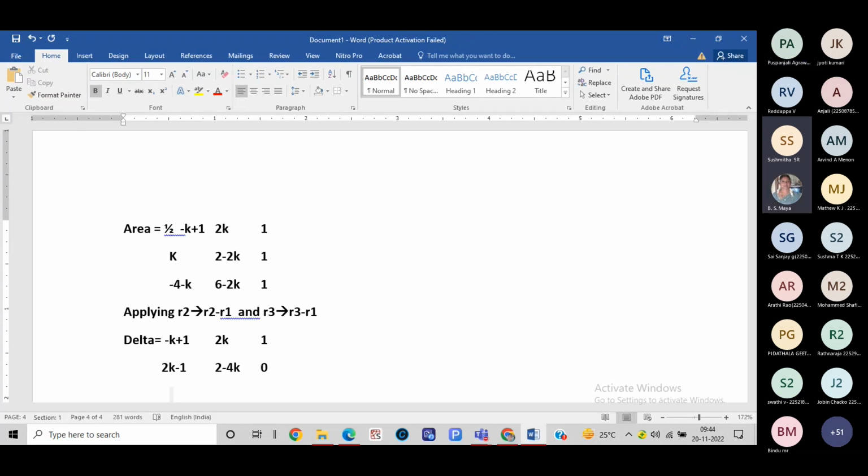Minus 4 minus k minus of minus k plus 1, that is k minus 1, plus k gives minus 5.